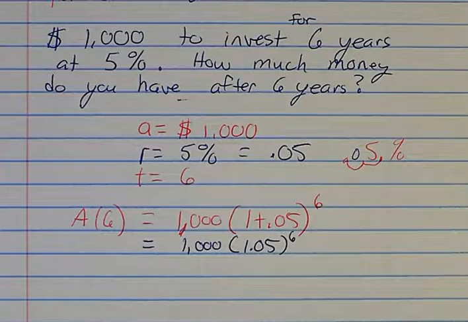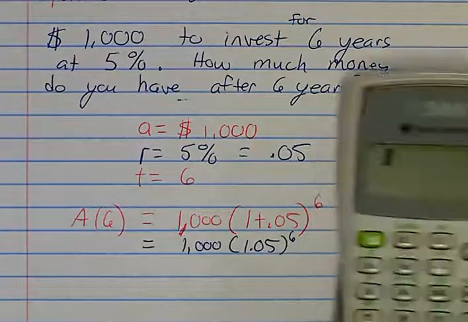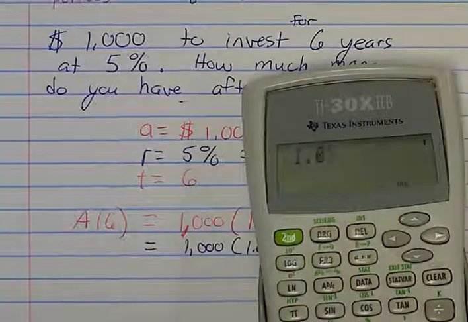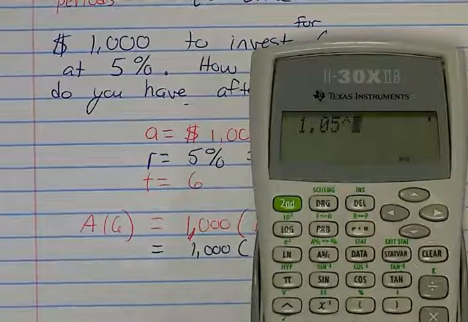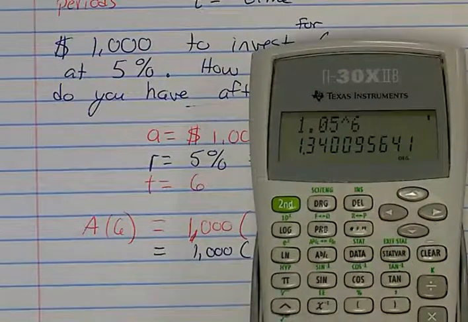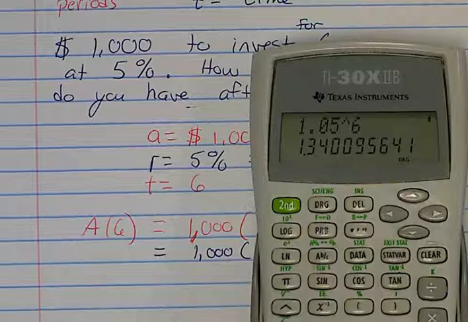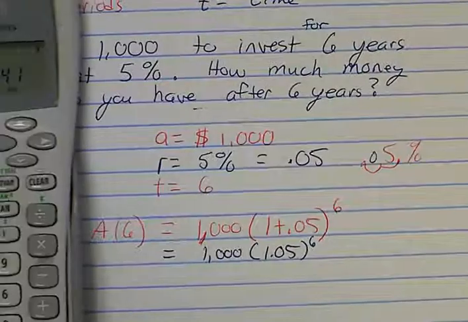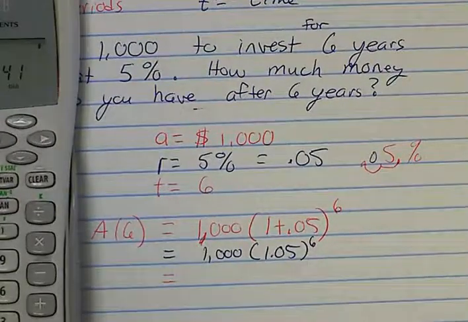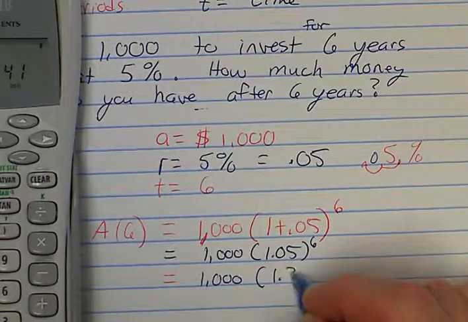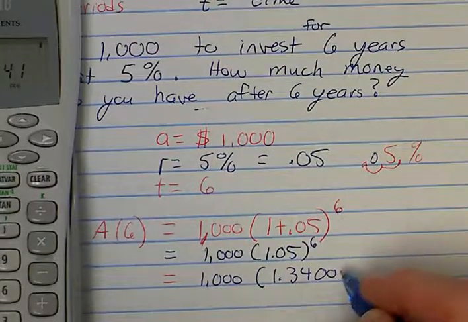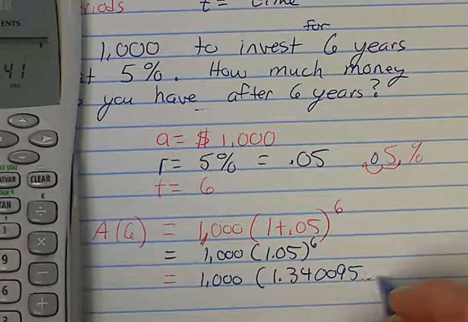All right, so if we do 1.05 to the 6th power, let me check it real quick up here so y'all can see. 1.05, and there's your power button right here, looks like the rooftop. Do that to the 6th power, and that is 1.340095... Okay.